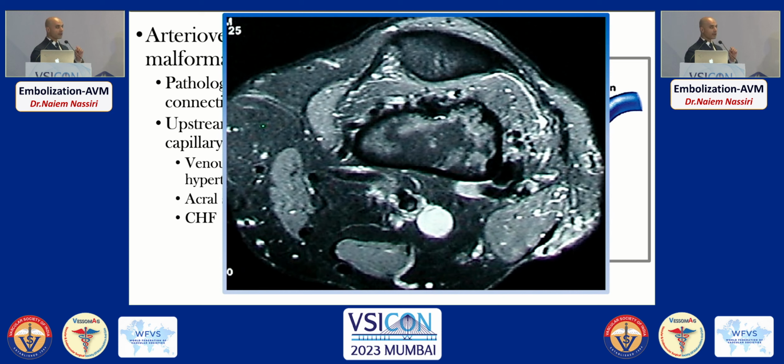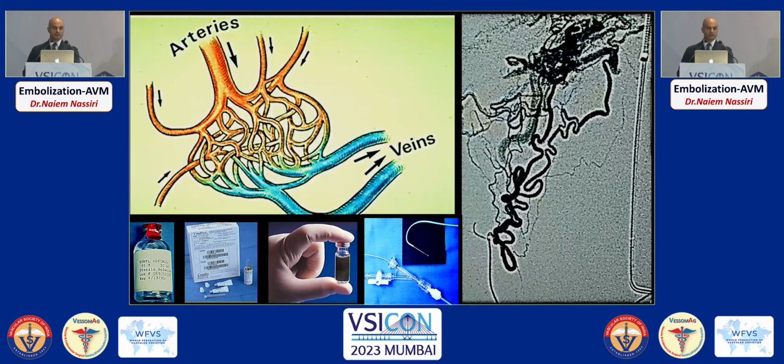On MRI, again, contrast-enhanced MRI, you see these flow voids, and the flow voids represent essentially the fast flow shunts that exist within the nidus of the arteriovenous malformation. Again, I'd like to emphasize that the key to successful AVM treatment is penetration of the nidus that connects the arteries to the veins pathologically.